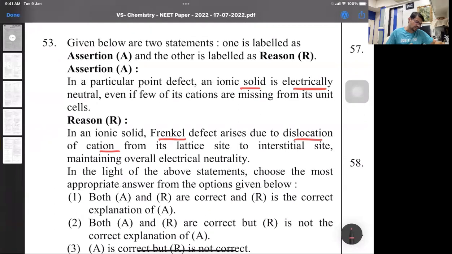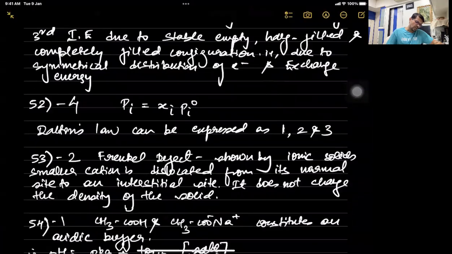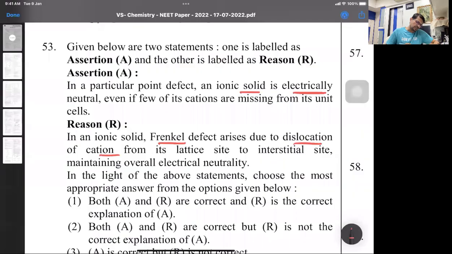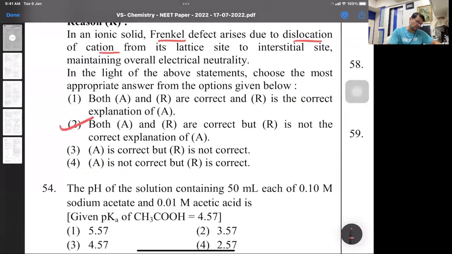Now here, if you observe in this category, what is it trying to say? Here, the correct answer is nothing but the second option, where assertion and reason both are correct, but the reason is not the correct explanation of the first part. That's one. So that's your 53rd one.